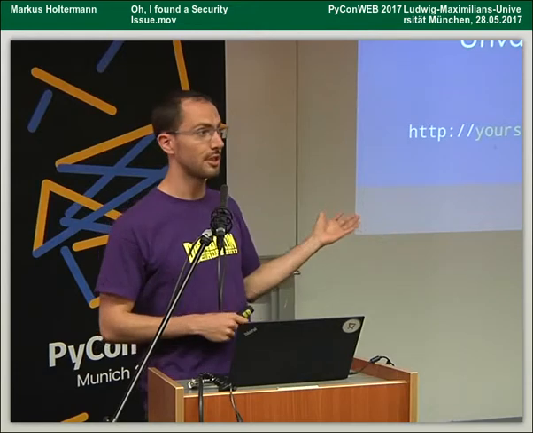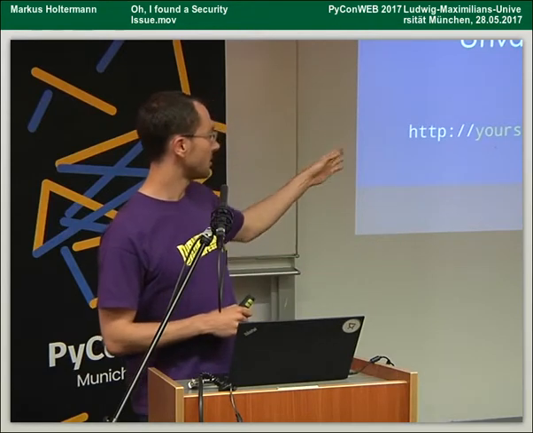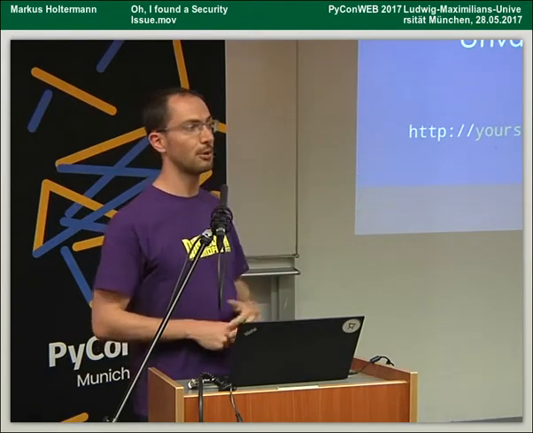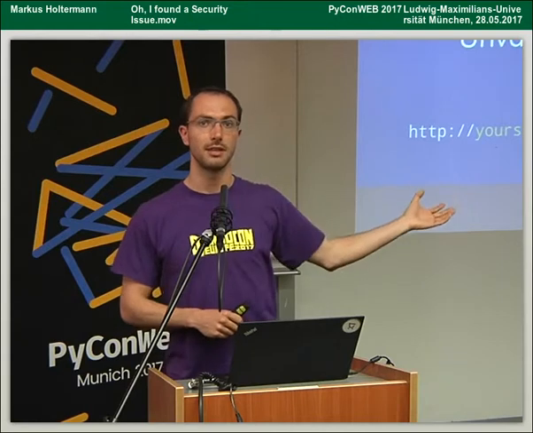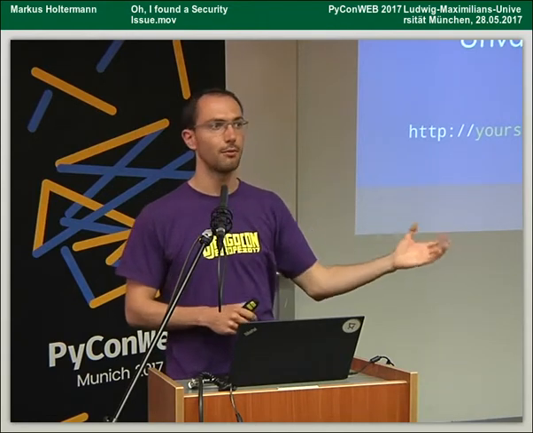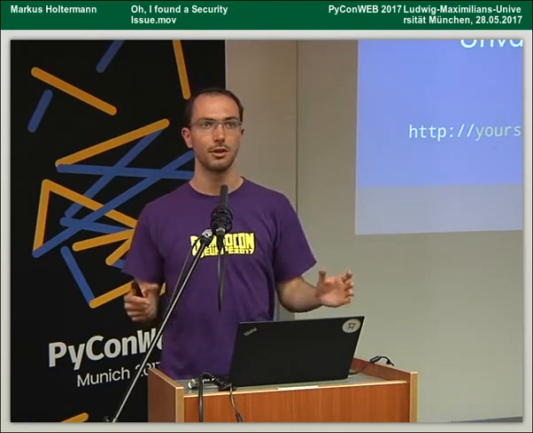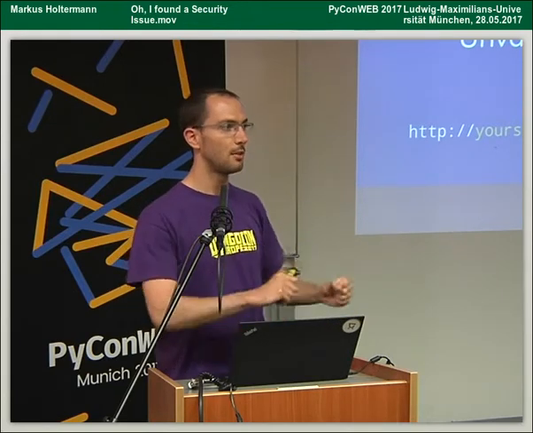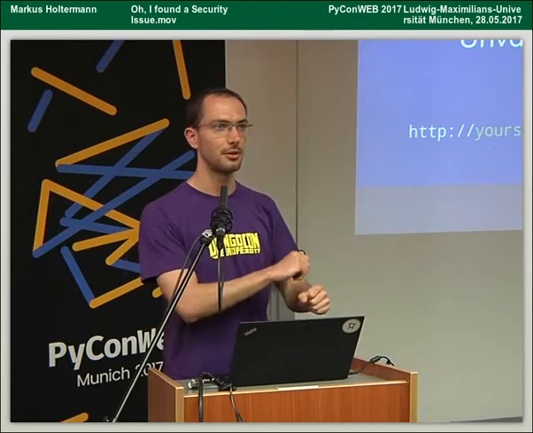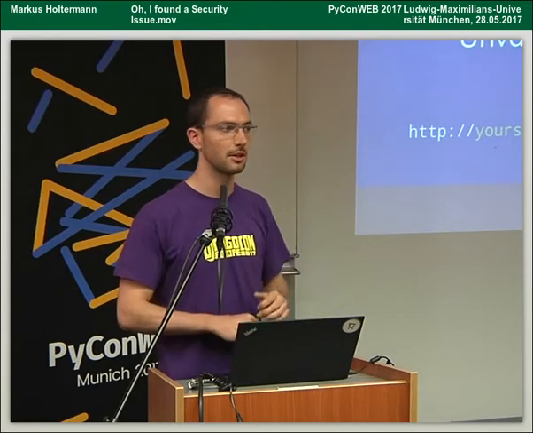The actual issue is that the value for the next parameter can be user supplied, and when you try to log in and you redirect the user to that site and they don't take care of where they actually land after a successful login, then this is gold for a phishing site, and you have your first victims on your phishing site and can scrape their credit card numbers or whatnot.